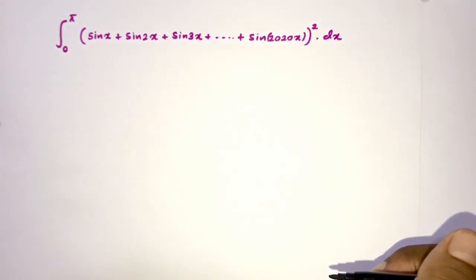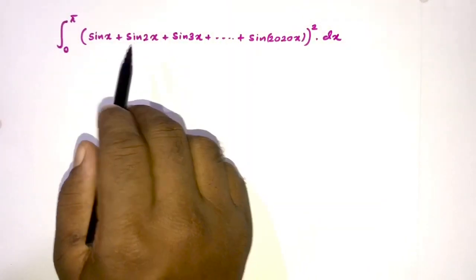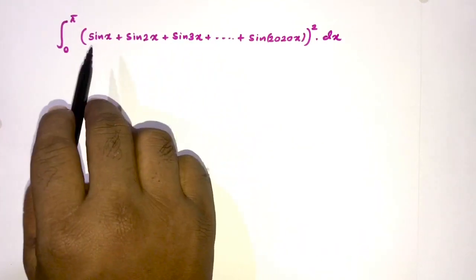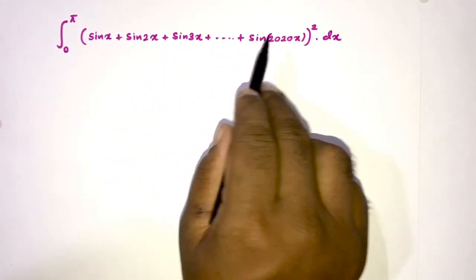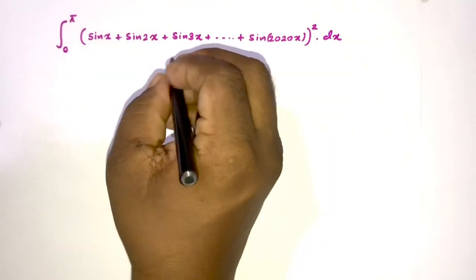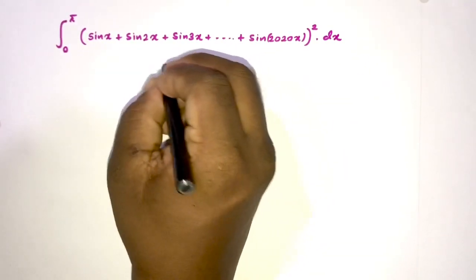To get an idea, first here we have 20 terms squared, so I am going to take (a plus b) squared.